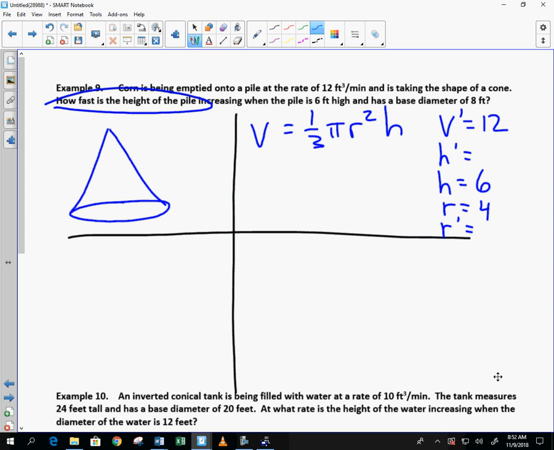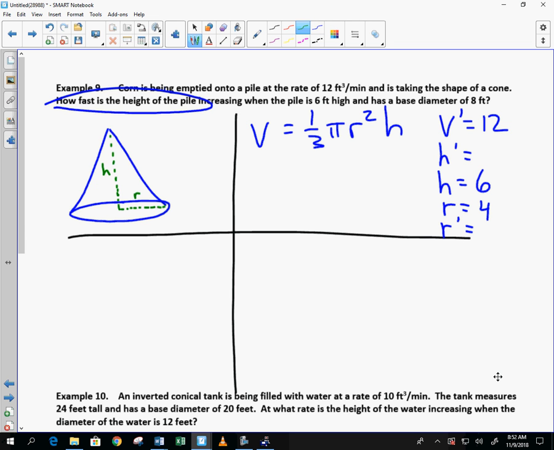I like the way you think, but it's not correct, because it's changing. So what I'm going to do is look at the height and the radius and understand that as the height increases, the radius is going to increase at a very specific rate that's proportional.